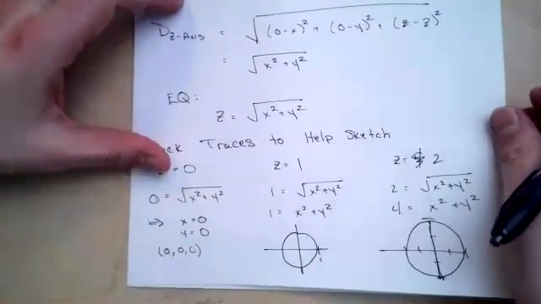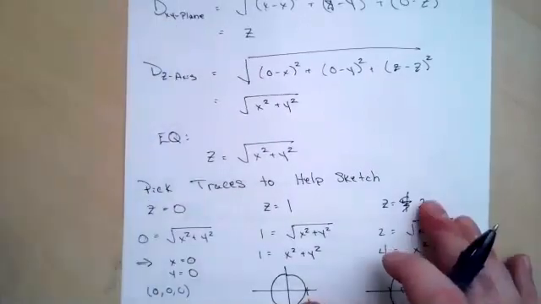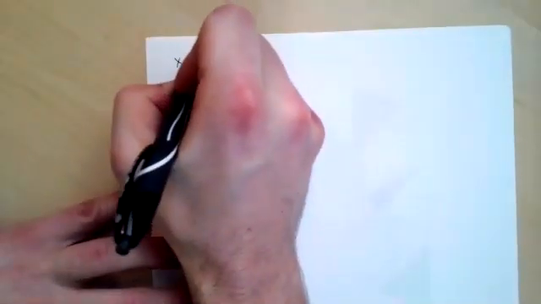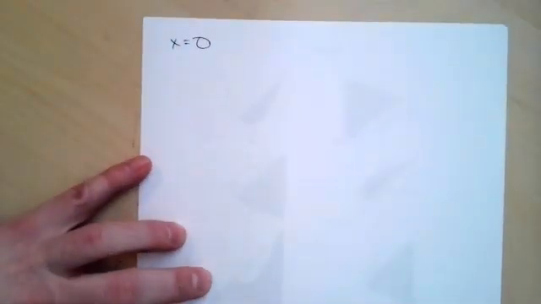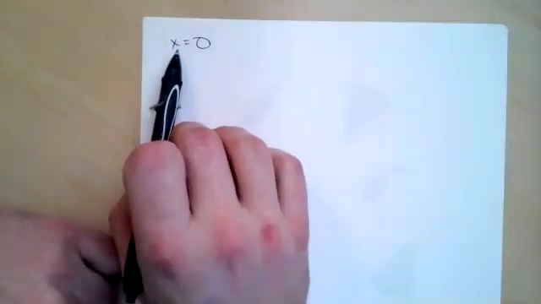Let's do a couple more for the x and y coordinates. So if we pick, say, something like x equals 0, setting a coordinate equal to 0 when you can is often really nice, because then that's going to project it onto that given plane.